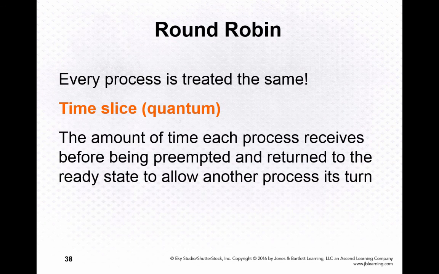So let's look at the other one, which is round robin. In round robin, they say every process is treated the same. You just basically cycle through these processes, giving each one the same number of milliseconds at a time. The amount of time a process receives before being preempted is called the time slice quantum.